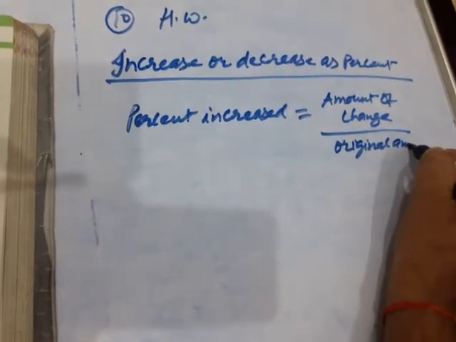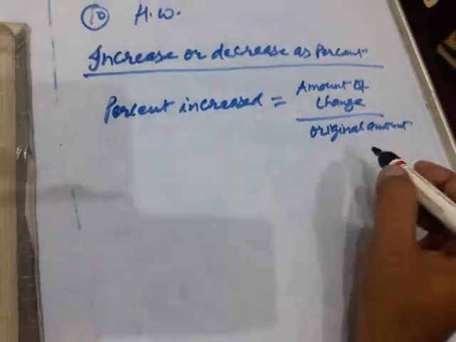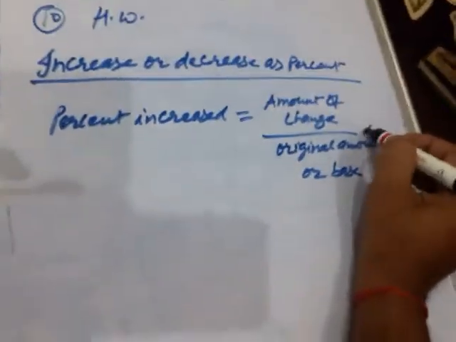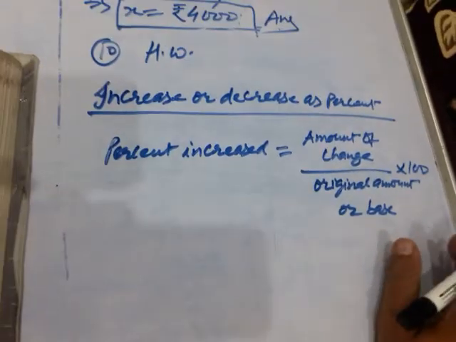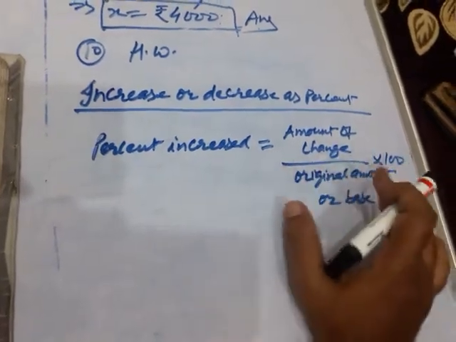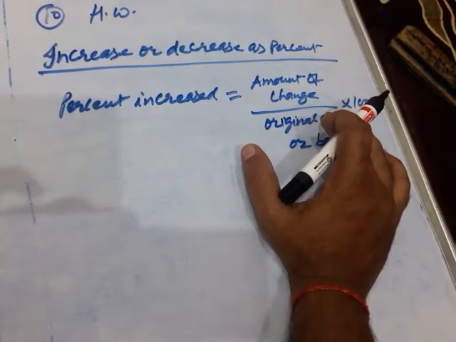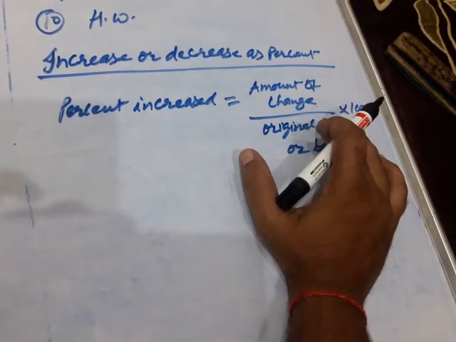Original amount, or that is base, here multiply by 100. Okay, percent increased equal to amount of change upon original amount or base into 100.